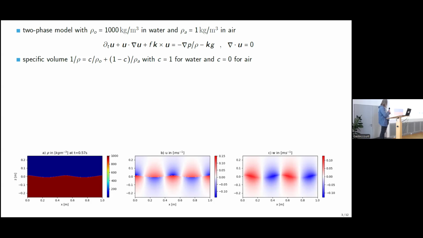The density here is basically constant, but it's air density in the air phase and water density in the water phase. You see a section with this vertical coordinate and this horizontal coordinate. Water density is like 1,000 and air density is like 1. And technically, you define the C parameter here, which goes from 1 to 0.